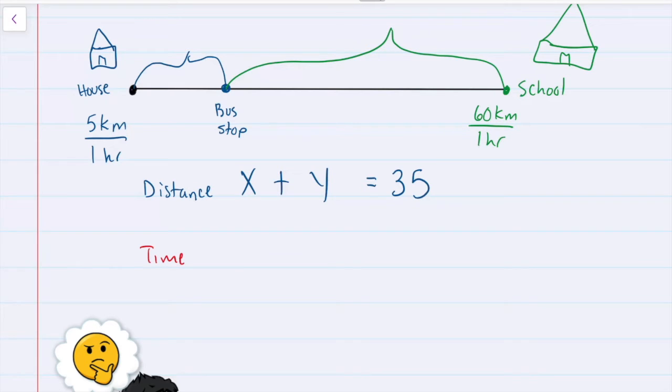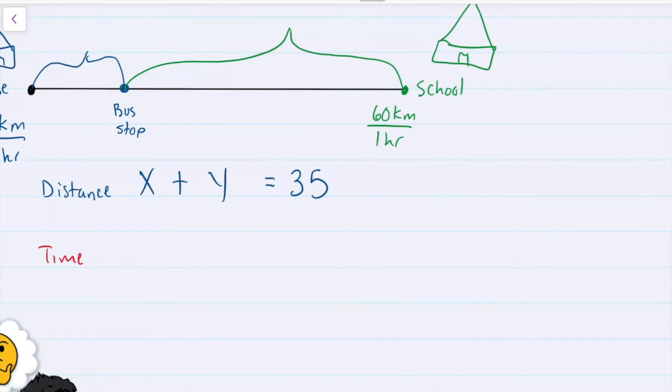Now, what about time? Here's where it gets interesting, because we want to focus on the time walking and also the time on the bus. But the problem is that they gave us speed, not time. Well, I'm going to give you a quick physics lesson here. We know how much this person walked as an X, and we know how fast this person was going: 5 kilometers over 1 hour.